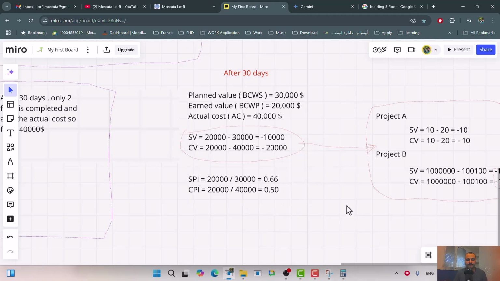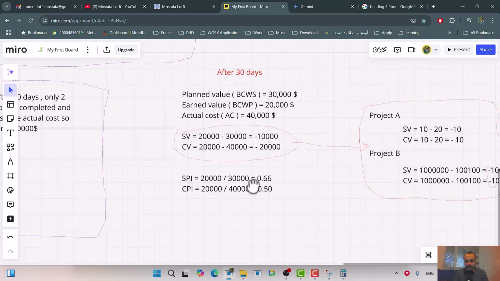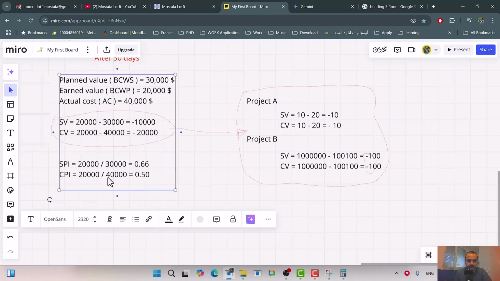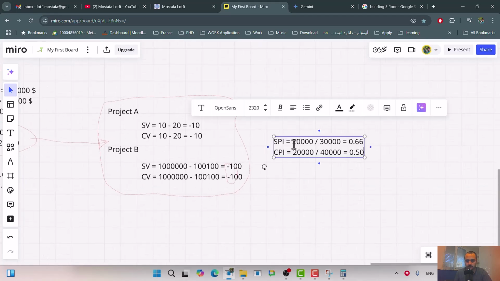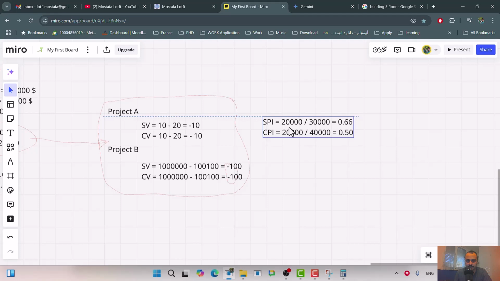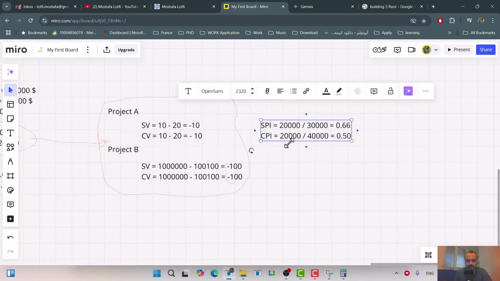So now, before interpreting this, let's calculate the CPI and SPI for our previous example here, and you will see why SPI and CPI are better for interpreting the status of the project.